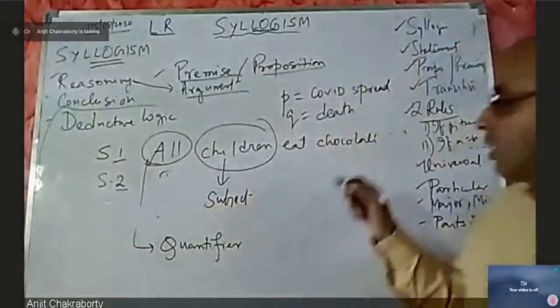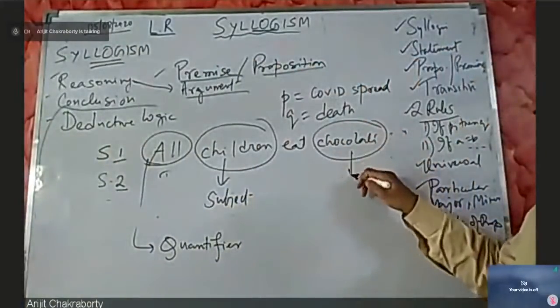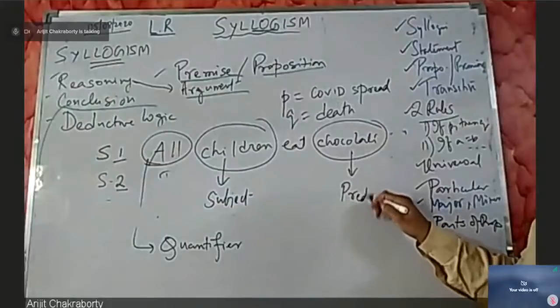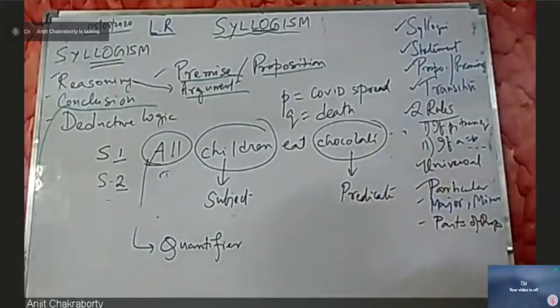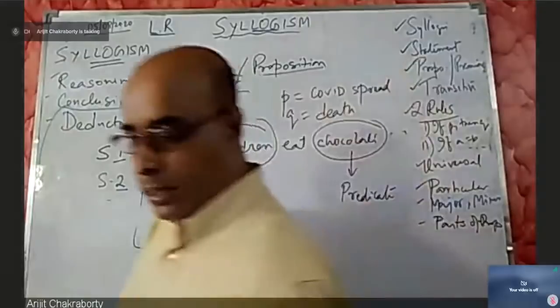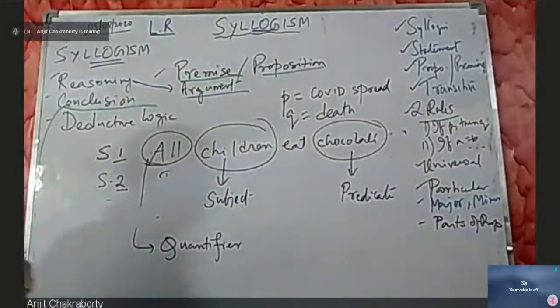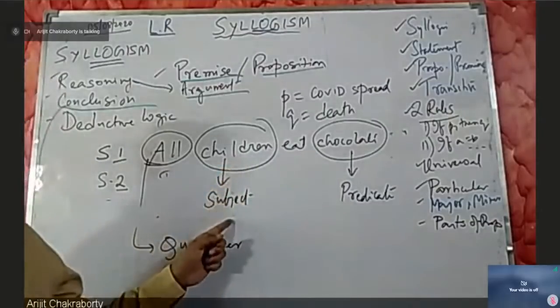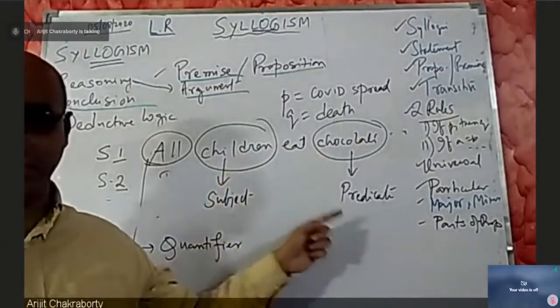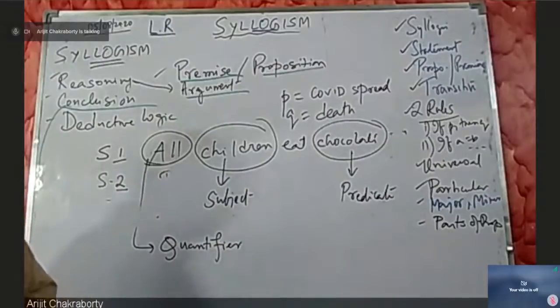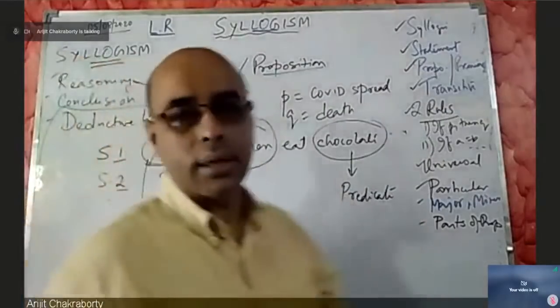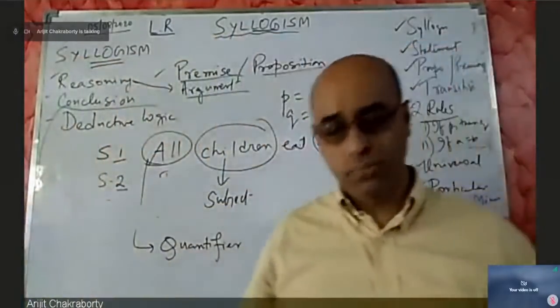So I am writing the word predicate. The word chocolate is called predicate. Please note it. All children eat chocolate. So all is called the quantifier. Children is called the subject. Chocolate is called the predicate. And what you see here is eat. It's a verb.